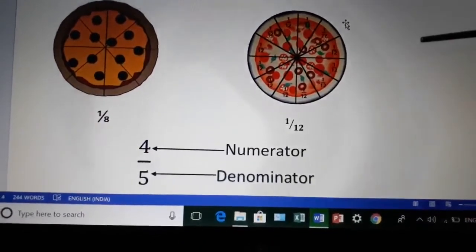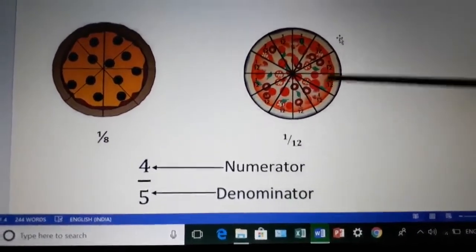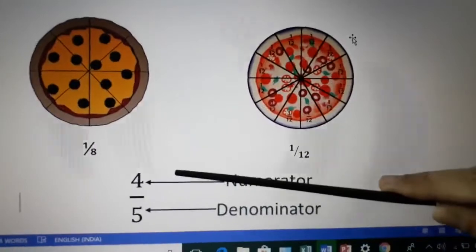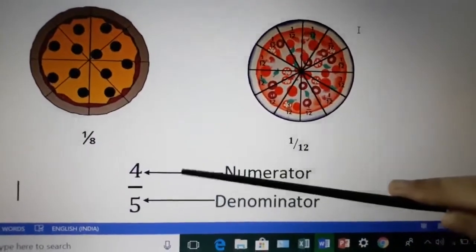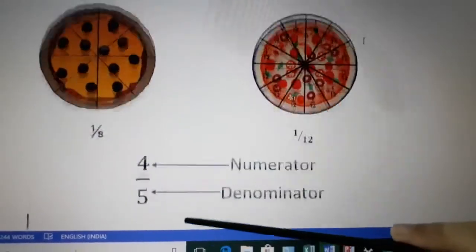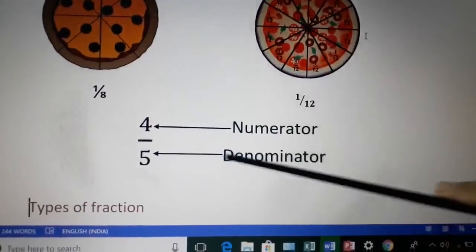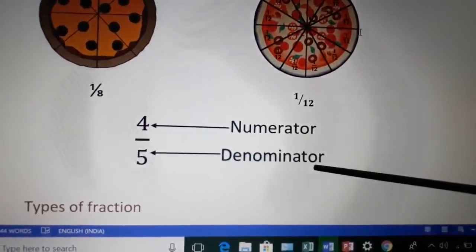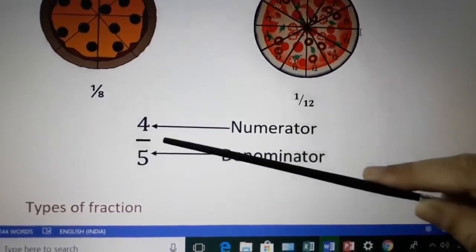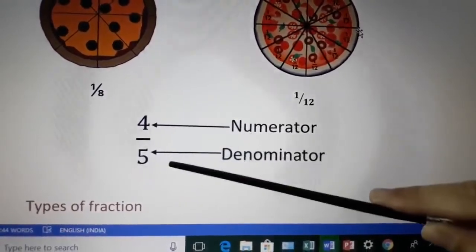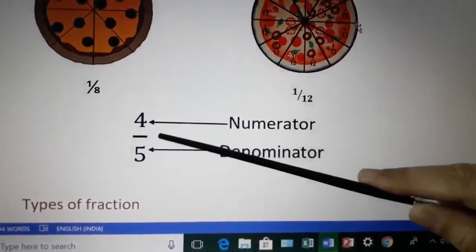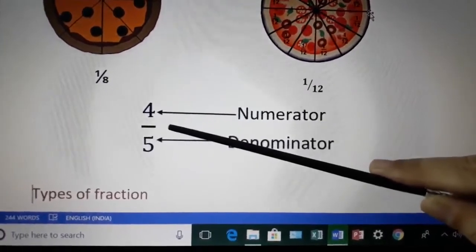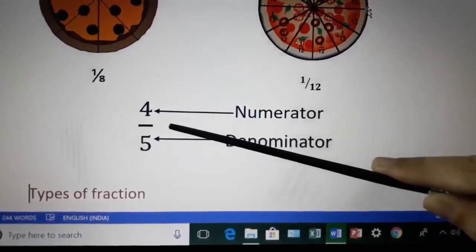then 1/12. The number which is written on top is called as numerator and the number which is written down is called as denominator. D for down, D for denominator. And the line which separates the numerator and denominator is called as bar line, or you can call it as division line.